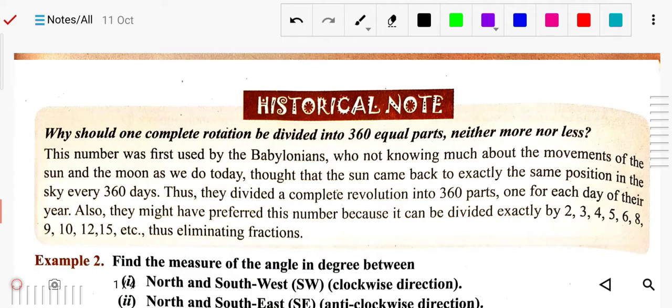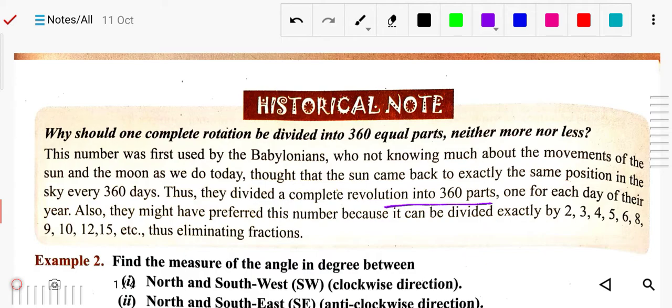They assumed, they calculated, that the sun comes back to exactly the same position in the sky every 360 days, to its original place. So they divided the complete revolution into 360 parts, one for each day of their year.